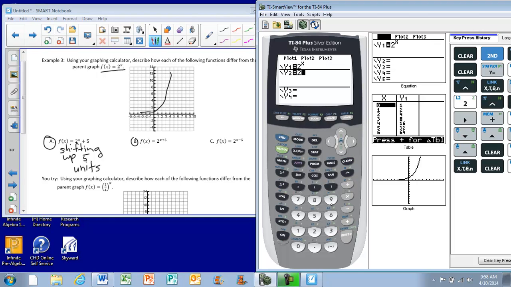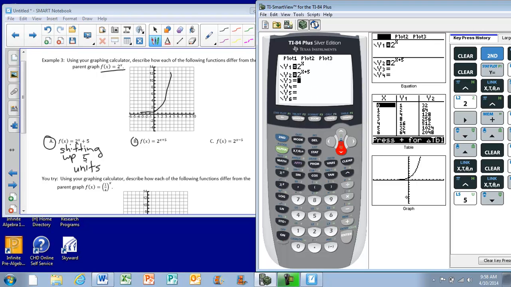Try it again. 2 to the power of x, and don't use that arrow key. All you're going to do is go plus 5 right away, so everything stays up in that exponent. Let's see what that graph looks like. That graph shifts 5 units to the left.